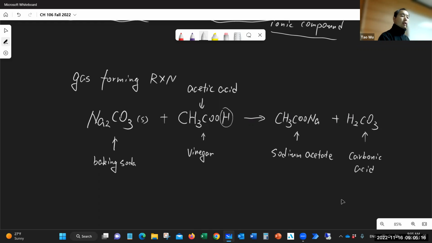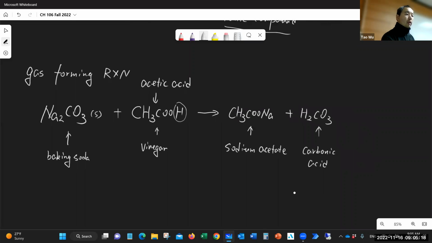If you look at it here, this sodium acetate is in solution; it will dissolve in the water. And carbonic acid is an acid, not a gas. Carbonic acid is really, really unstable. So once the carbonic acid is generated, it will decompose into two other things: water plus CO2 gas.